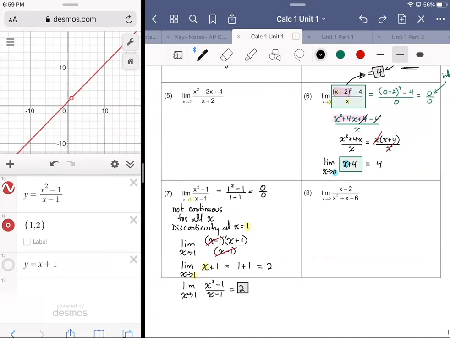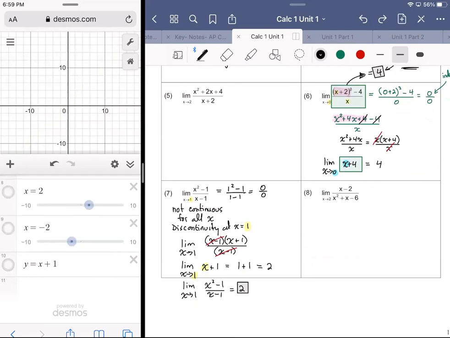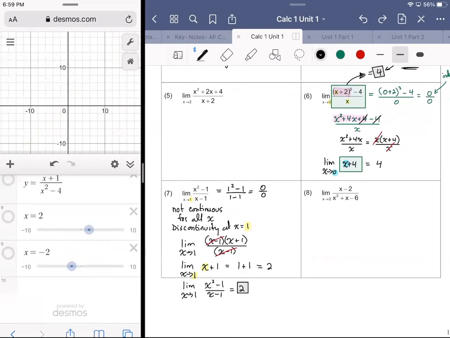But anyway, going back to number 5, it really is just a matter of assessing continuity. So what we can do is look at that original function and see if there's any funny business.